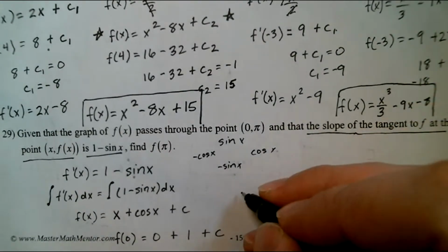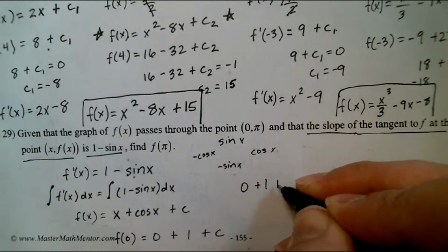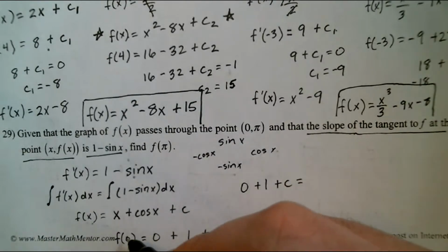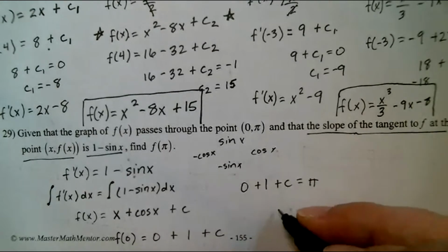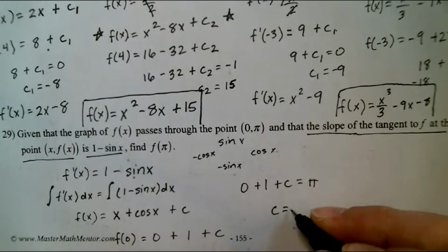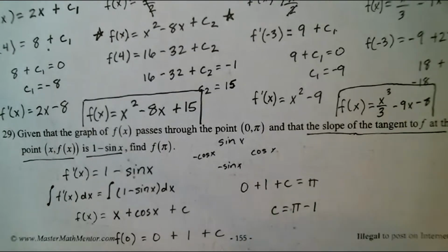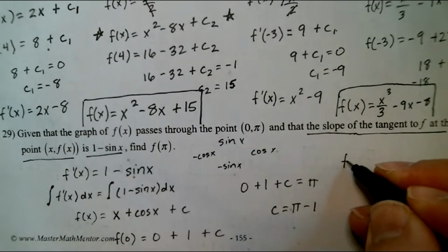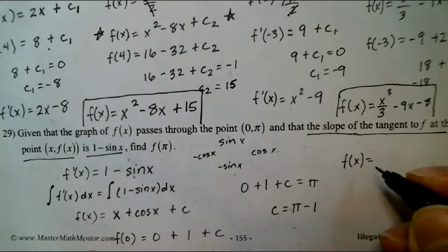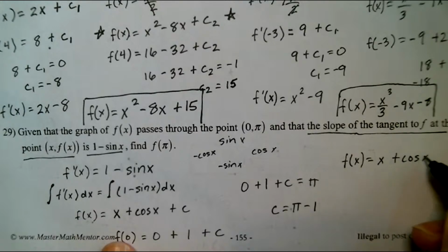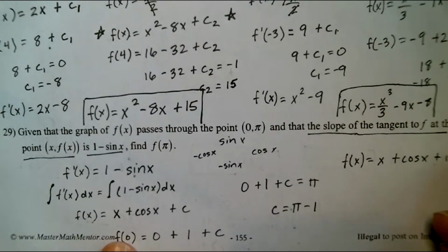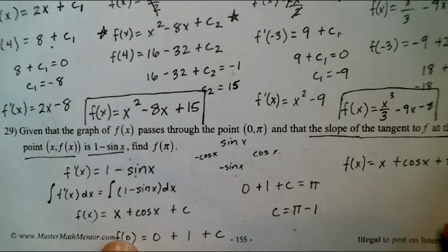Now I take this 0 plus 1 plus c and set it equal to what f of 0 is, and that is pi. So then I find c to be equal to pi minus 1. So that gives me my function f of x is equal to x plus cosine x plus pi minus 1.